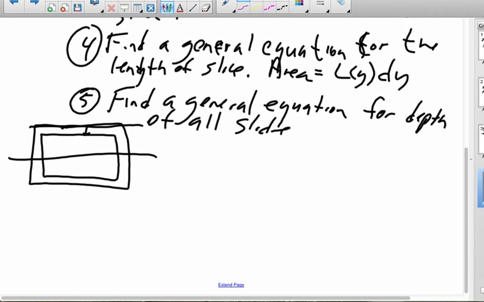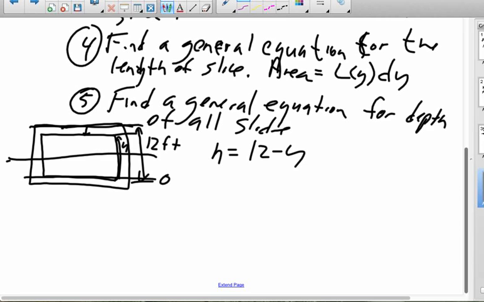So essentially the depth, if I used this as my 0, would be the height of my window, my y, and we knew what the distance here was. Basically my total height here, if I remember right, was about 12 feet. So the depth would be 12 minus y, and that would give me where my slice is. It's 12 minus the height of whatever that is.